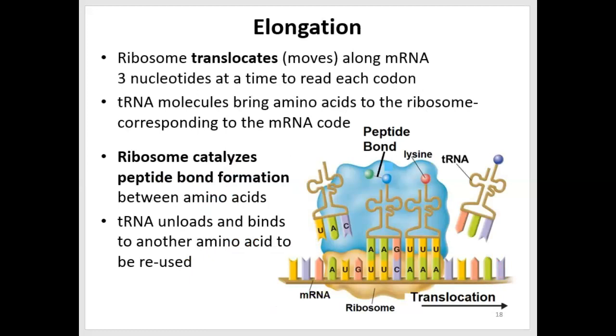This slide shows a peptide bond between 2 amino acids that were brought to the ribosome by transfer RNA. As the ribosome continues to move along the messenger RNA, the process of moving is called translocation, and that continues until a ribosome reaches a stop codon.